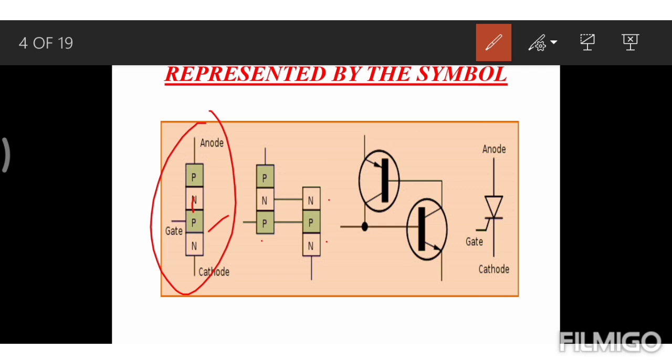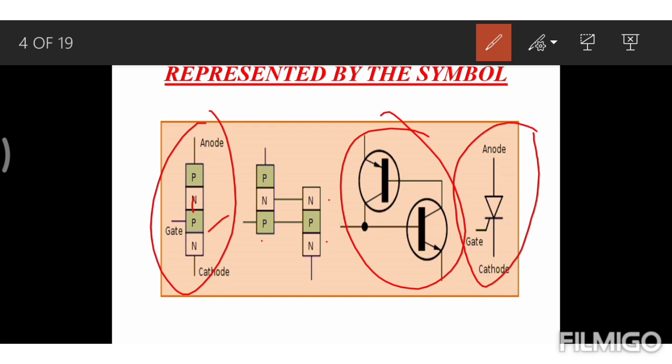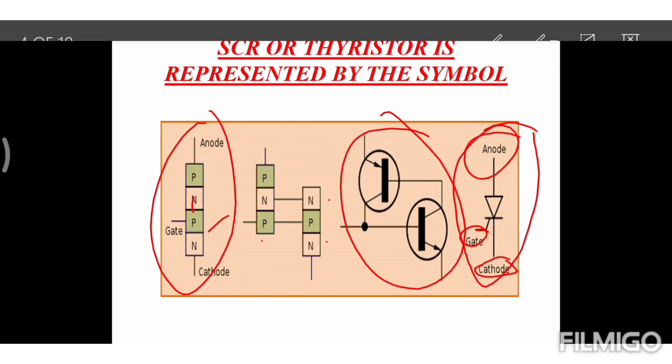Totally there are 4 layers, and electrically it is represented like this. This SCR contains totally 3 terminals: anode, cathode and gate terminal. By using this gate terminal only, we are going to control the SCR. Okay, so this is about the SCR.